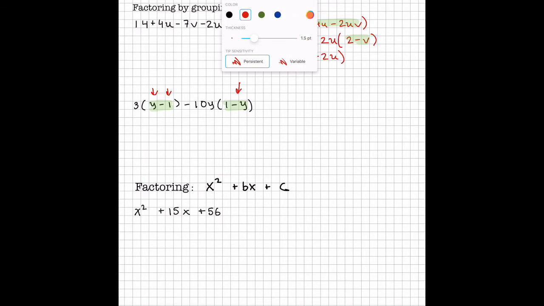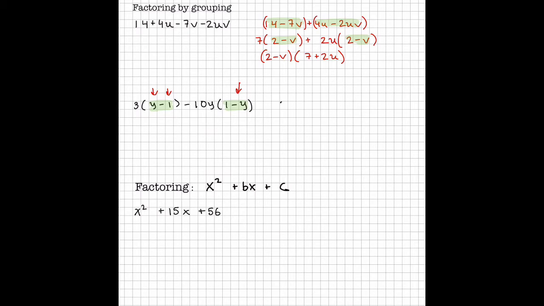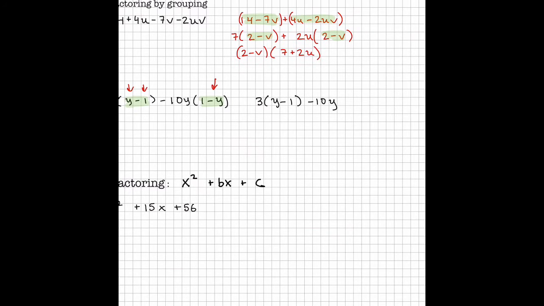When I do that, I end up with 3 times the quantity y minus 1, minus the 10y times negative 1 times negative 1 plus y.